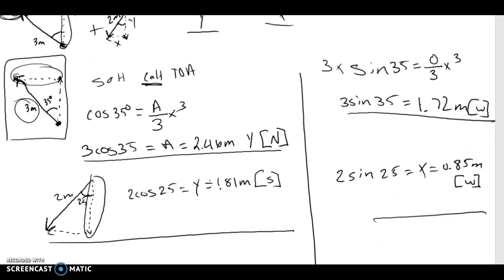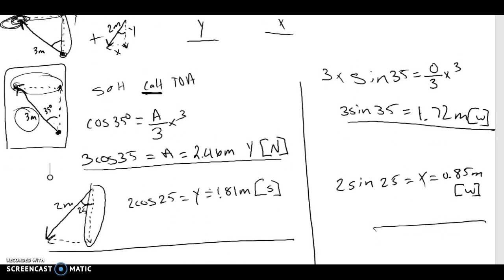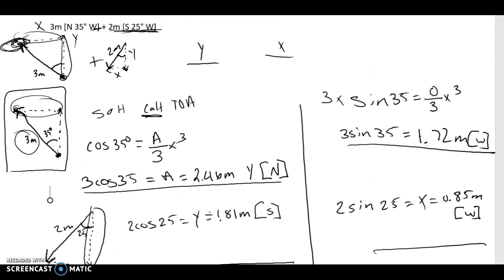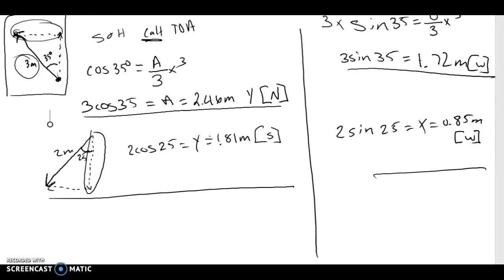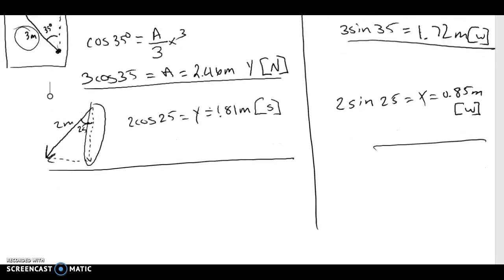That's our vector. Now, if we add another vector that goes 2 meters south and 25 degrees west, in that direction you have to travel 1.81 meters south and then 0.85 meters west.